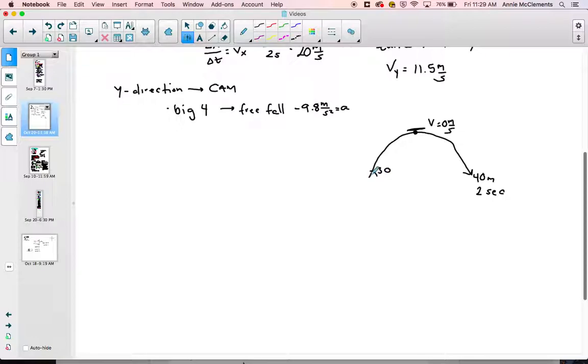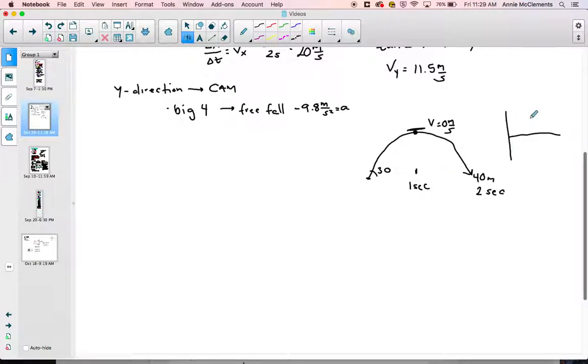The amount of time that it takes for it to travel this height and then return down to a position of 0 height is going to be half of this 2 seconds, assuming that the acceleration is uniform, right?